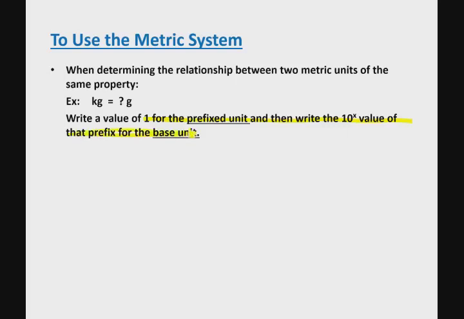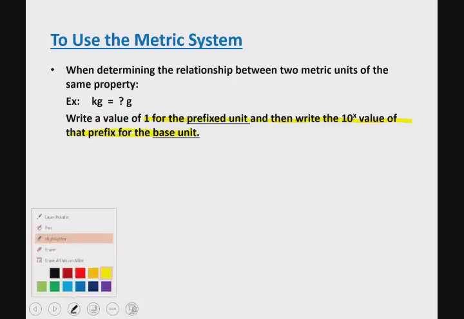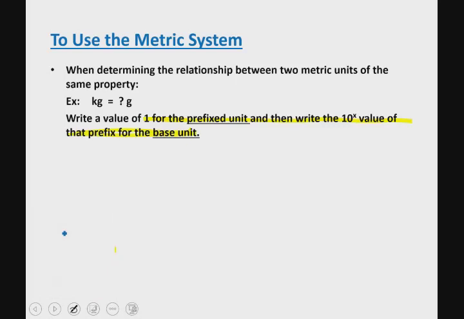So what I mean by this is, let's take an example of the relationship between kilograms and grams. When you see this, grams is the base unit of measuring mass or weight. On the other hand, kilo is the prefix. So if you're not comfortable with the metric system, my suggestion is to use this approach, which says that you put a 1 in front of the unit with the prefix.